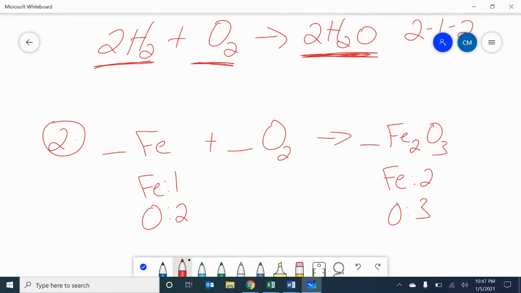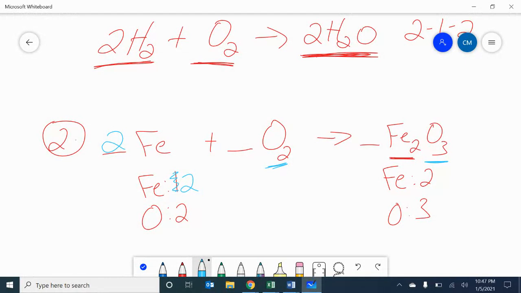So if I have two irons on the right, can I get two irons on the left? Yes, I could put a 2 right here. So now I have two irons. All right, and then now I've balanced them. So let's just double check everything. Two irons, two irons. Now I have two oxygens and three oxygens.